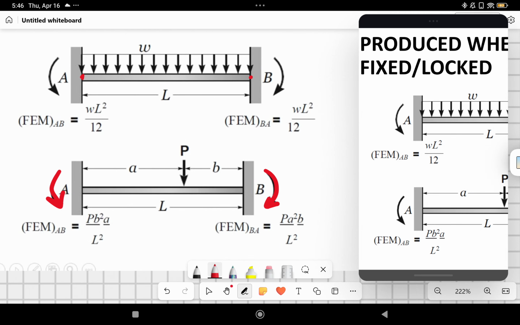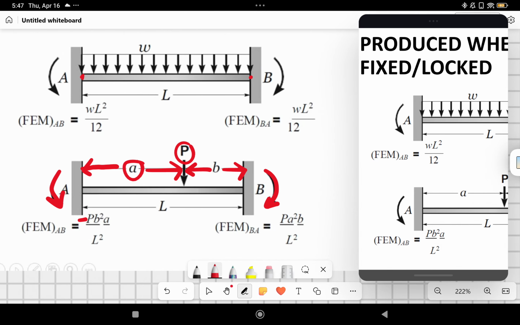Okay, so that is negative since counterclockwise siya. P is the value of P when it is given. A is the distance from the left end to the concentrated force, and B is the distance from the concentrated force to the right end.